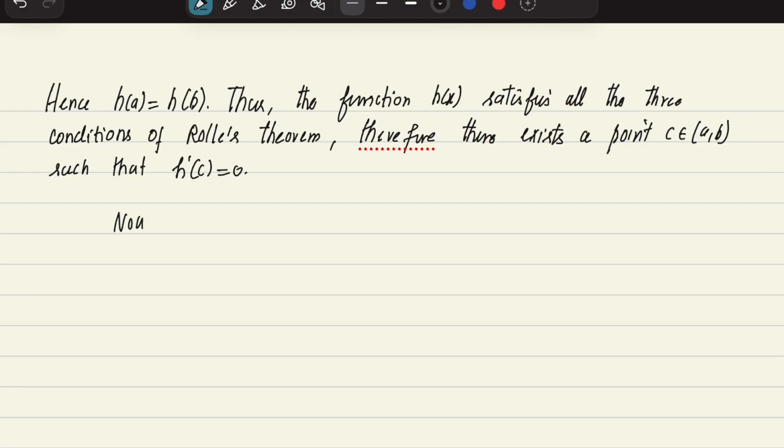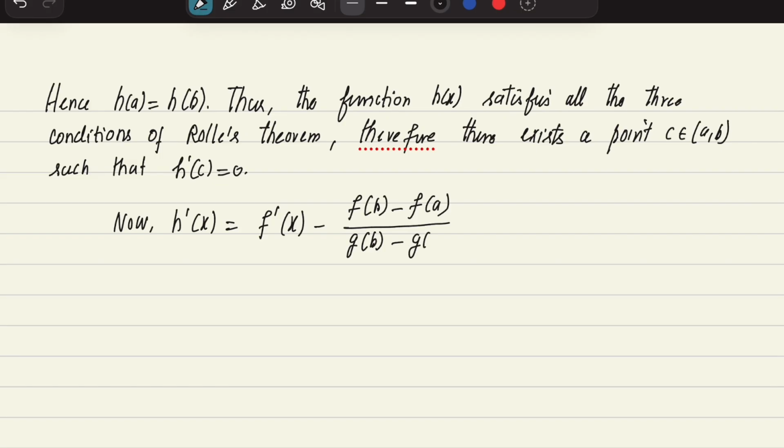So now h dash of x is equal to f dash of x minus f of b minus f of a divided by g of b minus g of a into g dash of x.